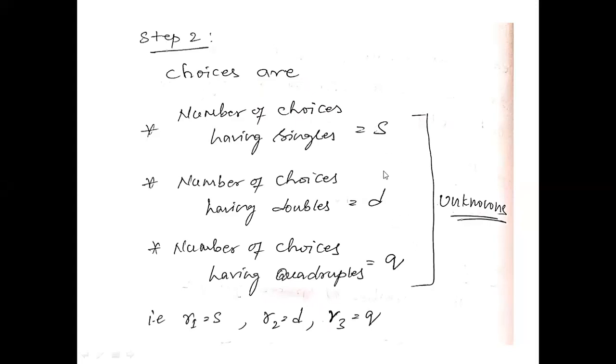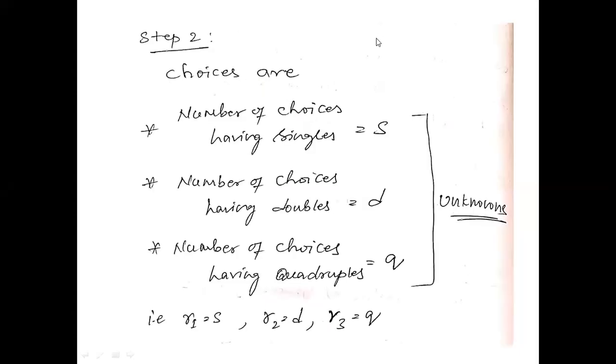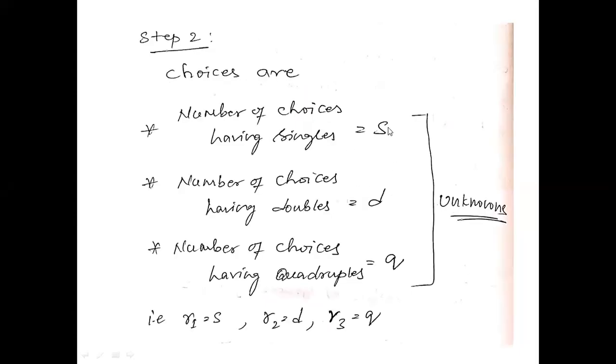You have 3 unknowns. This choice directly depends on the factors that you are getting: singles, doubles and quadruples. The choices you have are the singles, doubles and then the common outlets, because you take an outlet from each of the 4 groups of switches.